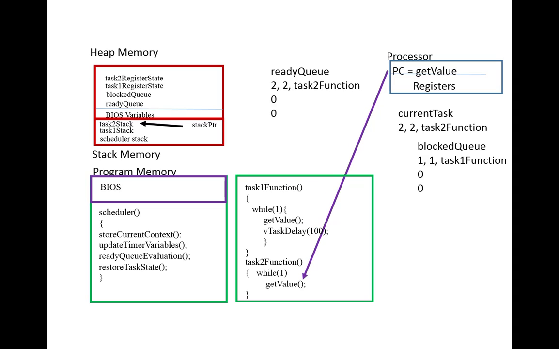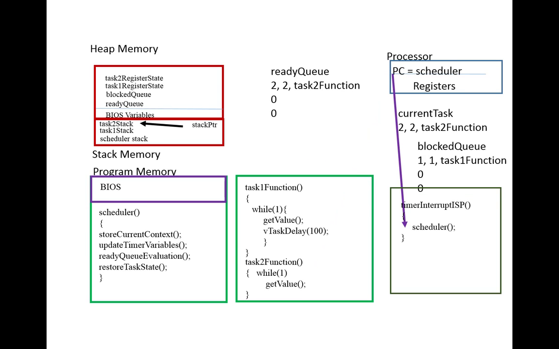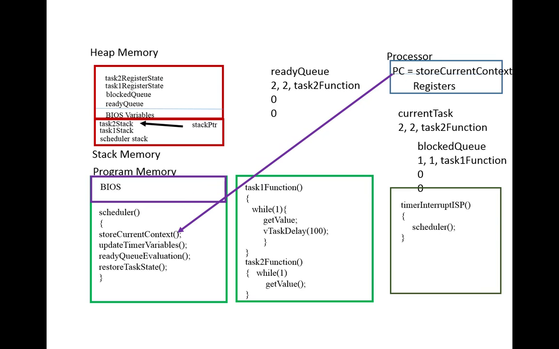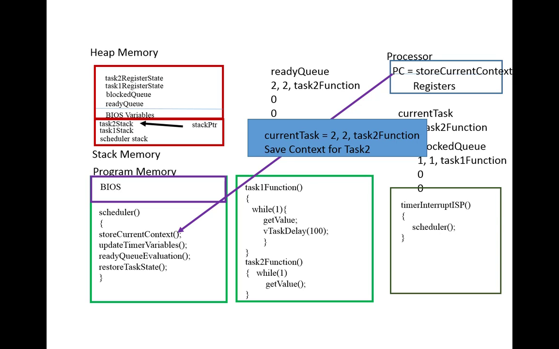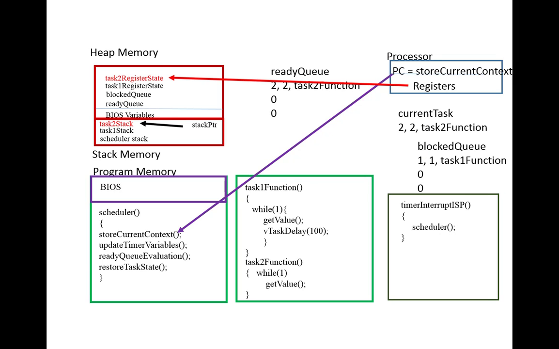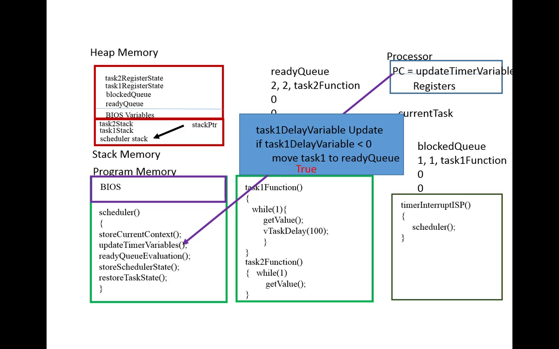We're going to just keep going on task 2, getting a value, and then our timer interrupt is going to hit us again. That's going to tell us to go ahead and run our scheduler. We're going to store our context, which is task 2 stack and task 2 register states. We're going to update the timer variable.